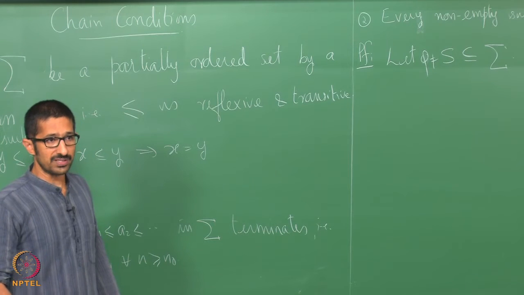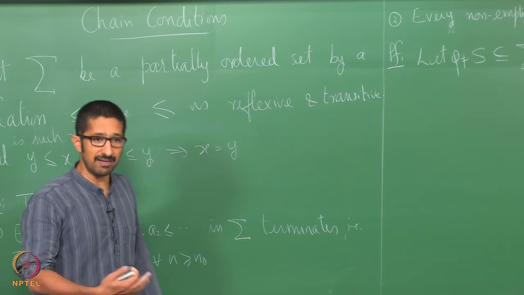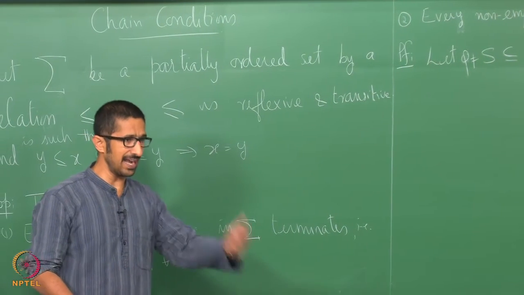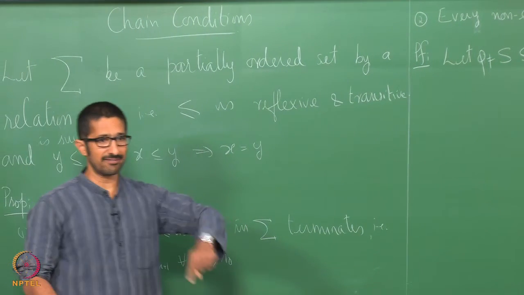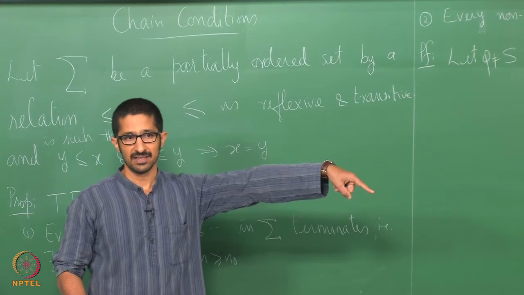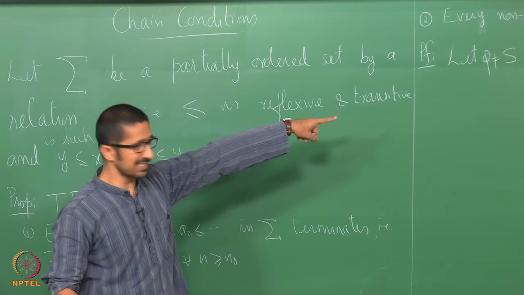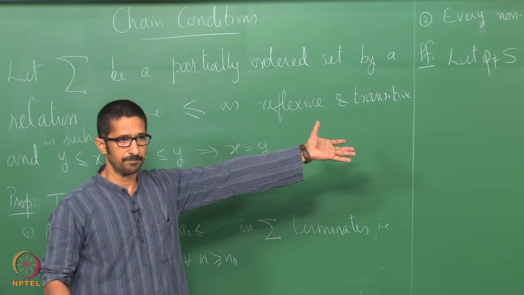What is meant by it does not have a maximal element? I take every element, there will exist something bigger than that. See, if S is finite, then we are through.